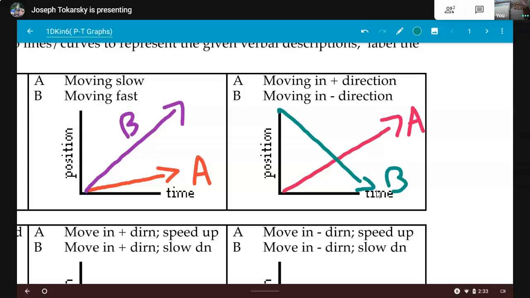I could be, with this graph we drew right here for B on the third one, moving towards the negative and not be in the negatives, right? And I'm still moving in the negative direction. Does that make sense? I don't have to actually be at a negative position value to be moving towards the negative direction, right? Because I could cross the origin and now I'm in the negatives. So the whole time I'm moving towards more negative, more negative, more negative. So that's what that represents.